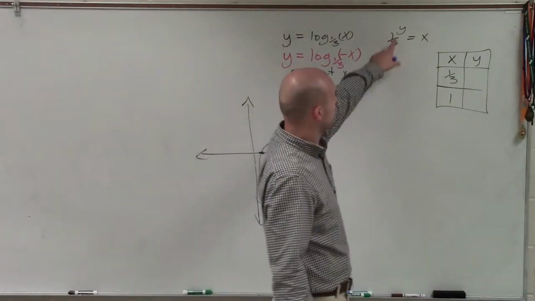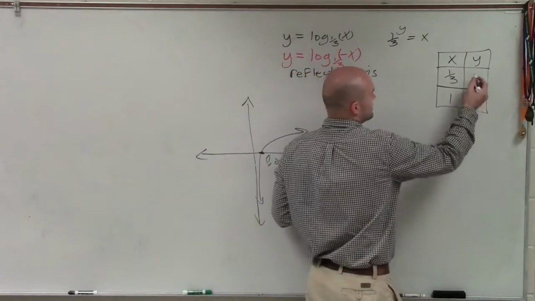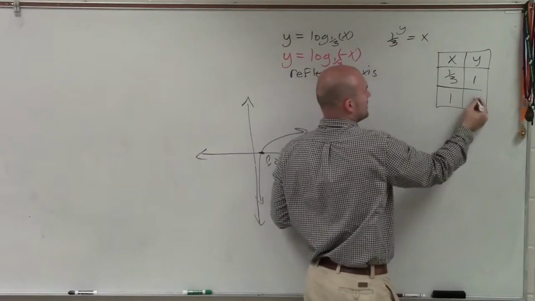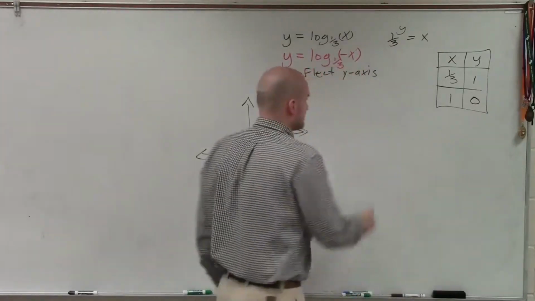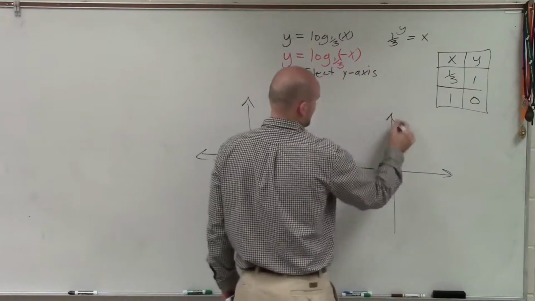So if I have 1/3 raised to what power is going to equal 1/3, we know y is going to have to be 1. And 1/3 raised to what power is going to leave me with 1? Well, y is going to be 0. So now I can just graph these 2 points.